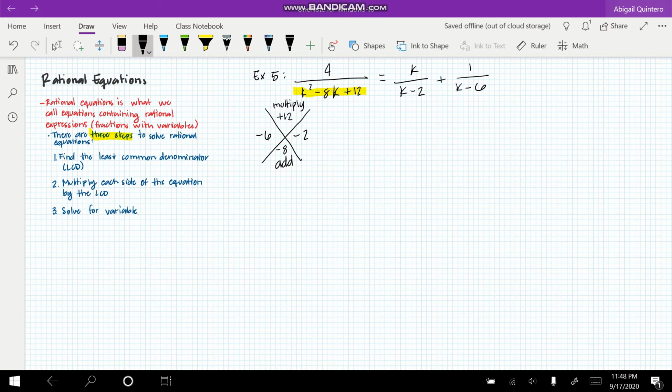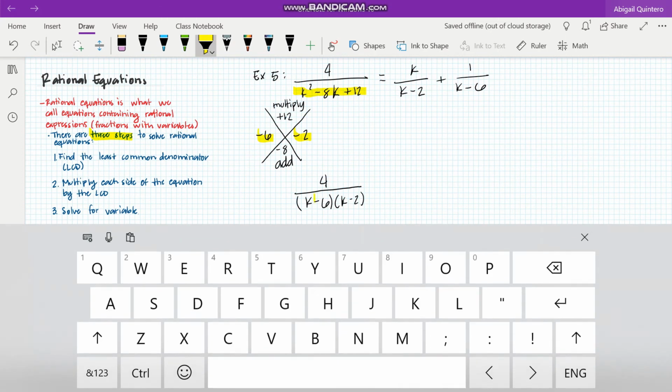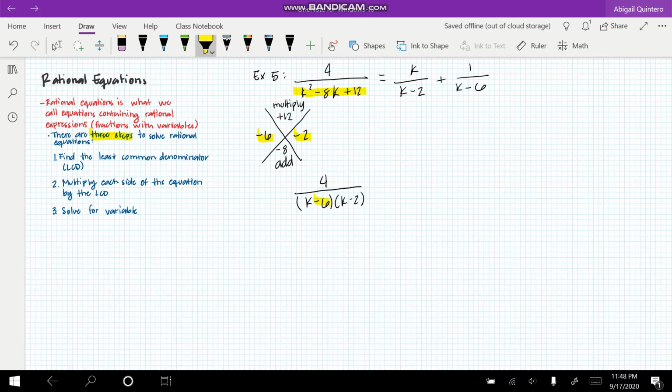So that means that this fraction can be written as 4 over k minus 6 and then k minus 2. So I basically took those 2 values and I put them here with the k, right? And then we have k and k because we have a k squared. And then our right side is going to stay the same.